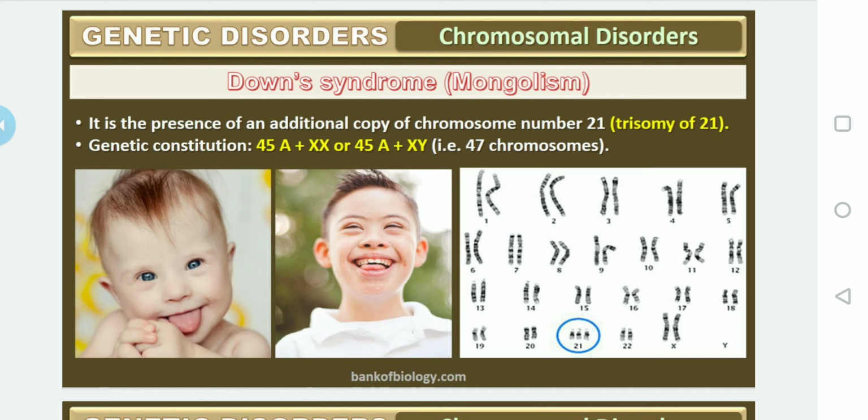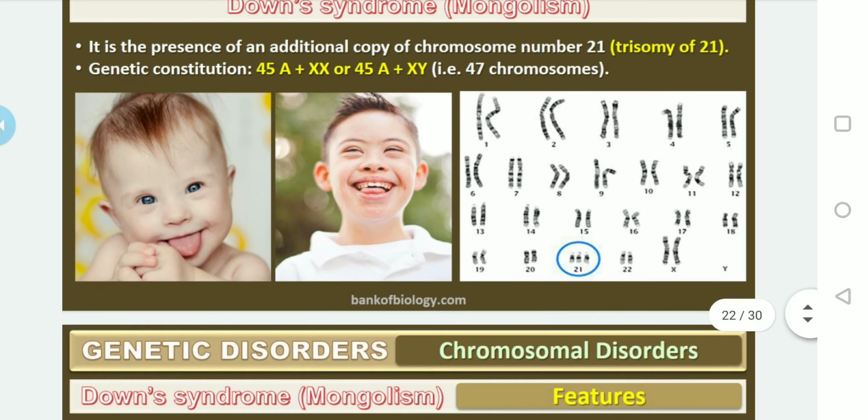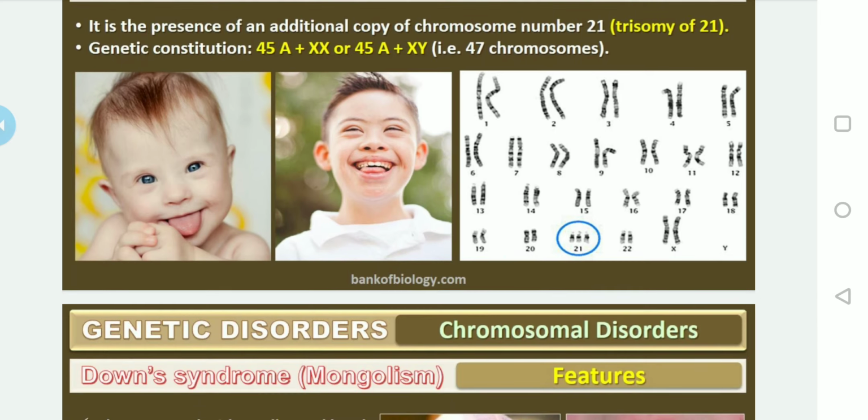As I said, the autosome number is increased; instead of 44, it becomes 45. And aneuploidy, that's what I said, trisomy, 2n plus 1. Here you can identify the chromosomes in the karyotype, the pattern of the chromosomes.